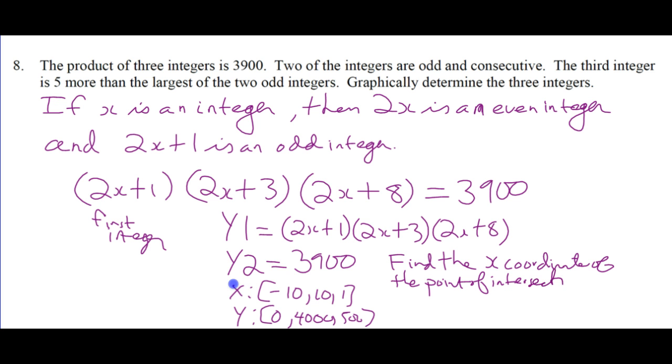Right, so graphical determination requires, well, we should also sketch the graph out. Okay, 3,900 on 6. So find the x-coordinate of the point of intersection, which is x equals 6.